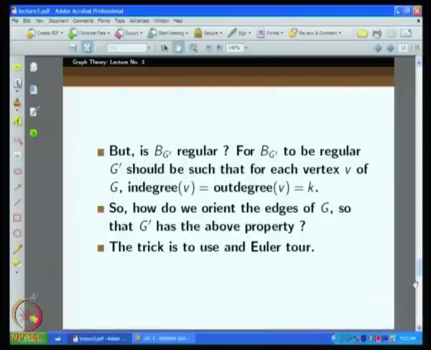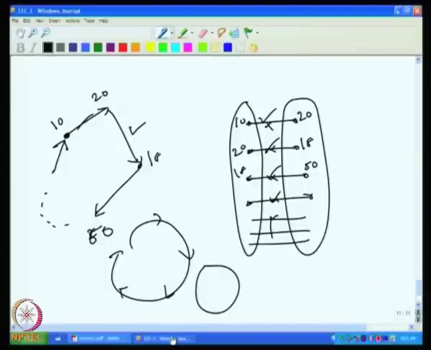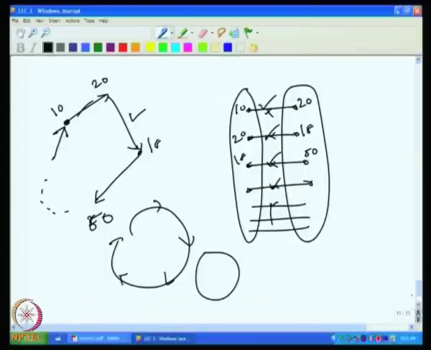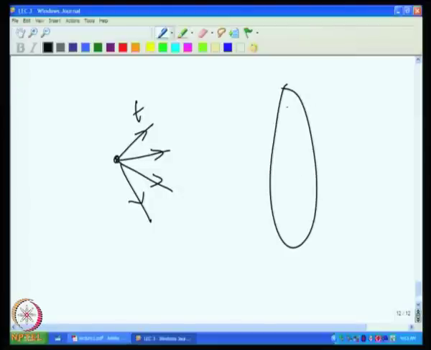To do that, we should see what corresponds to the degree of a vertex in this bipartite graph. Clearly, as you can see in the double cover construction, if you have any vertex with some t outgoing edges, then the corresponding vertex on the A side will have t edges incident on it, because the outgoing edges become the edges incident on this.